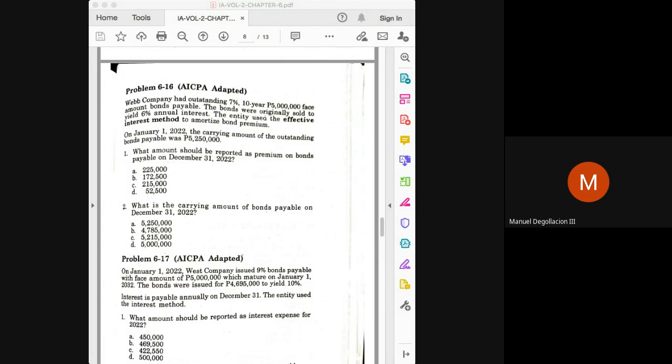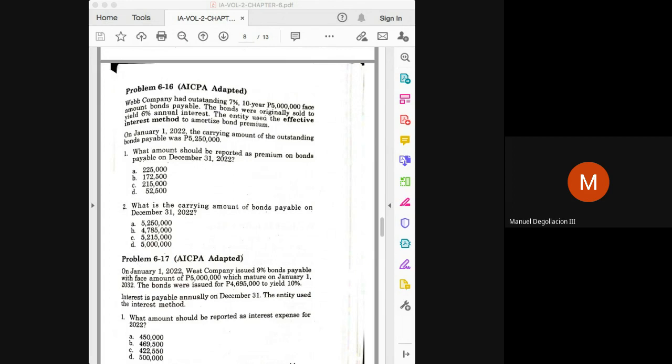Okay, still straight line. And the good thing with the straight line method is that year in, year out, your amortization would be the same. Okay, if it was 25,000 last year, again, for the entire 10-year period, you will have an amortization of 25,000 per year. So for 2023, the amortization would be 25,000 also. Now, if you're using the straight line, under what circumstances will the amortization not be the same?